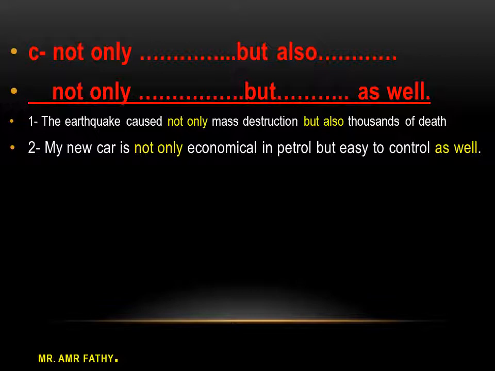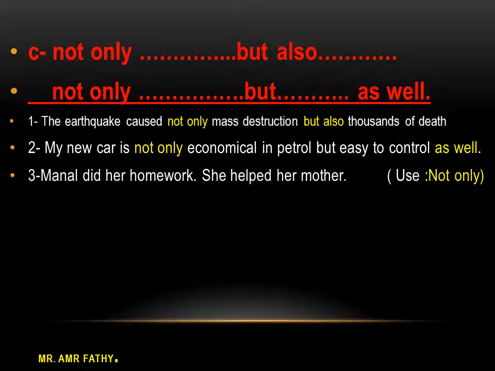In number 1 we use not only after the main verb caused, but in number 2 we use it after the verb to be. So we can use not only but also, or not only but as well. Is it clear? This is number 1 and number 2.